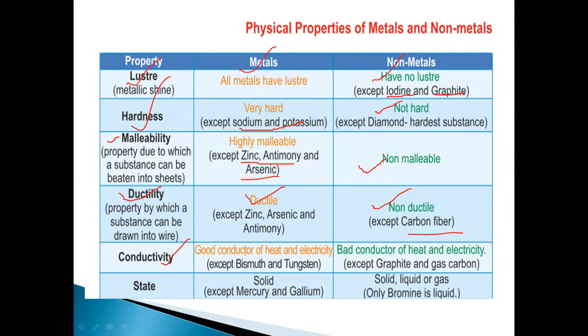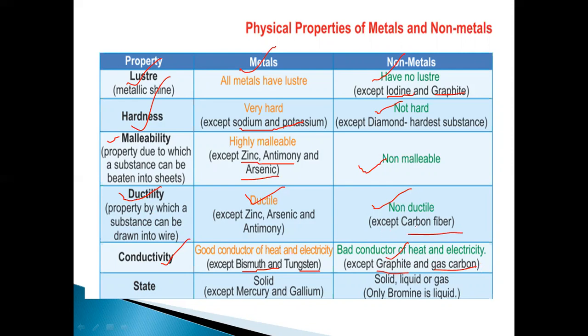Conductivity: metals are very good conductors of heat and electricity except bismuth and tungsten. These are metals, but they are not good conductors. Non-metals are bad conductors, but graphite is a very good conductor, and the gas made by carbon is also a good conductor.